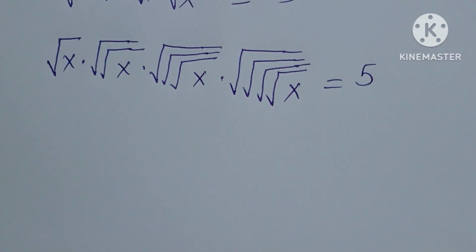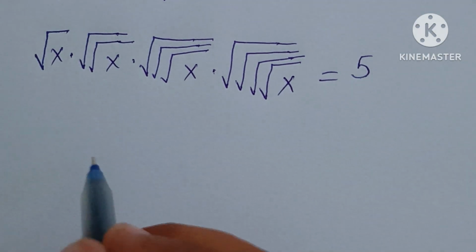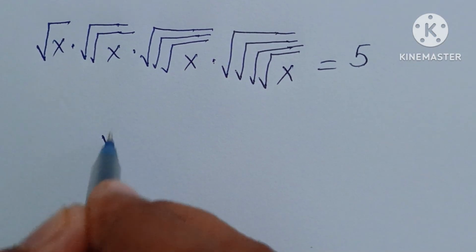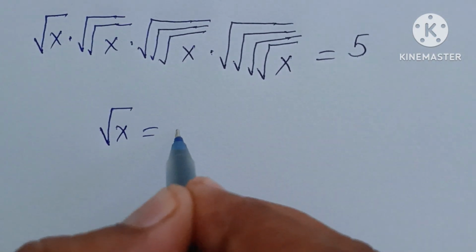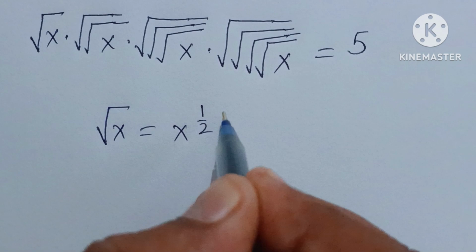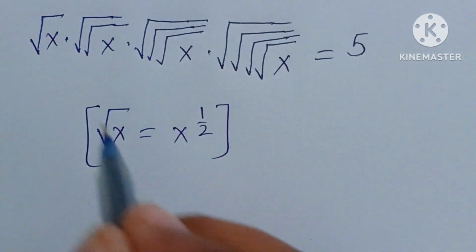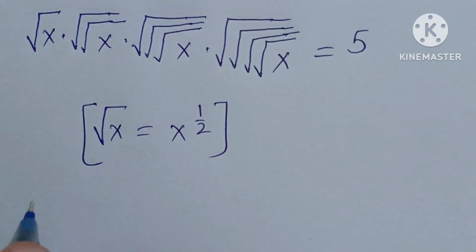Now here we know that under root x is equal to x raised to power 1 by 2. This we know that. Then how we can write this then?